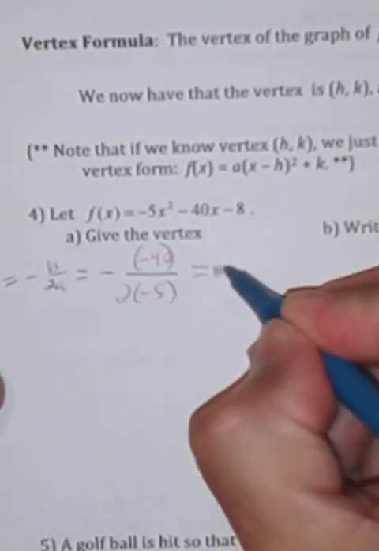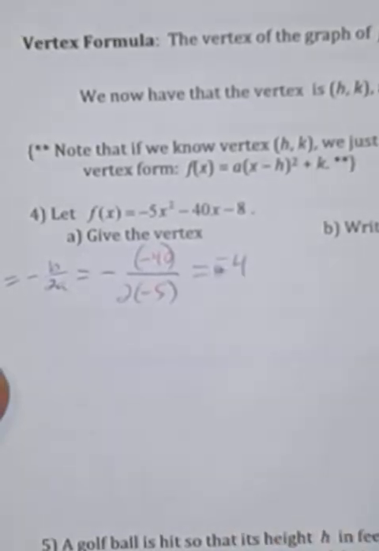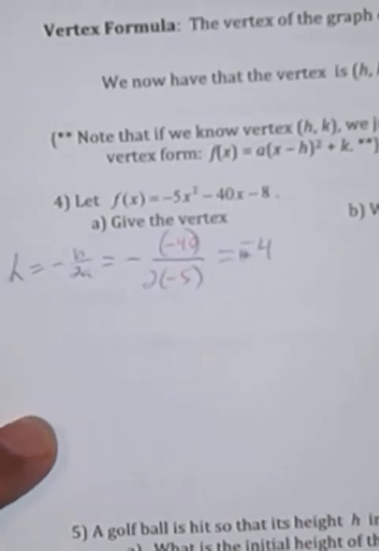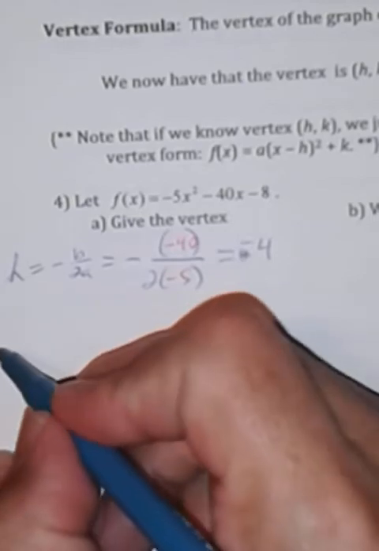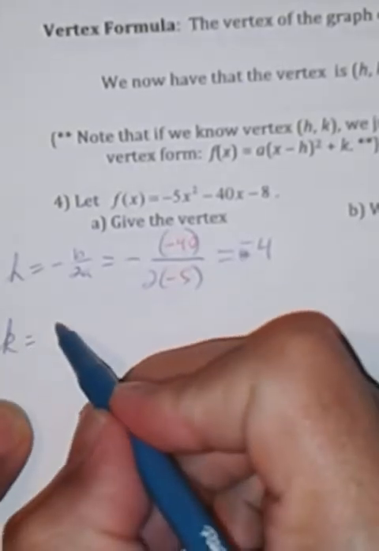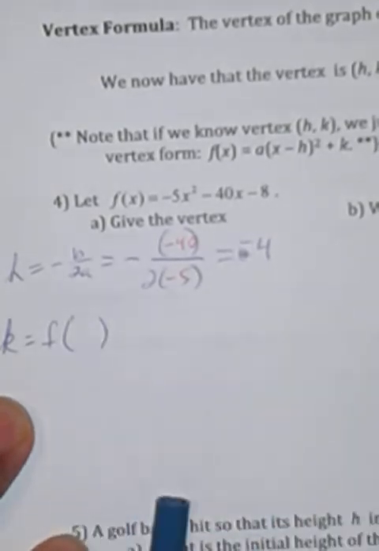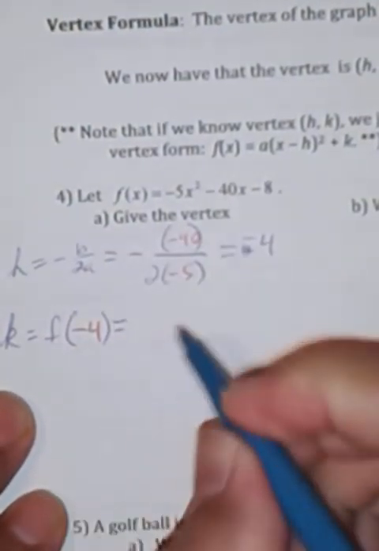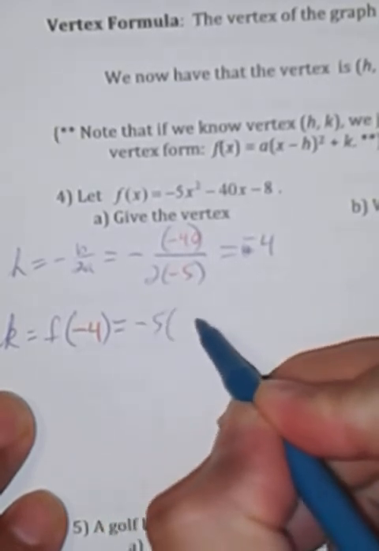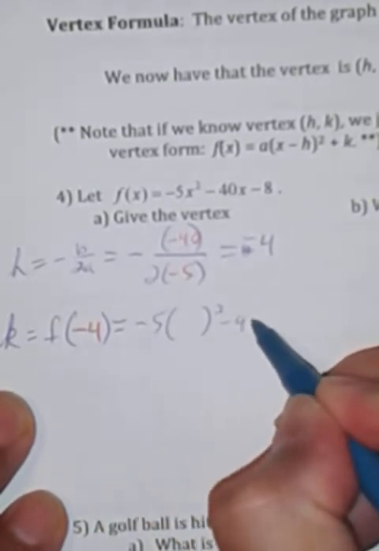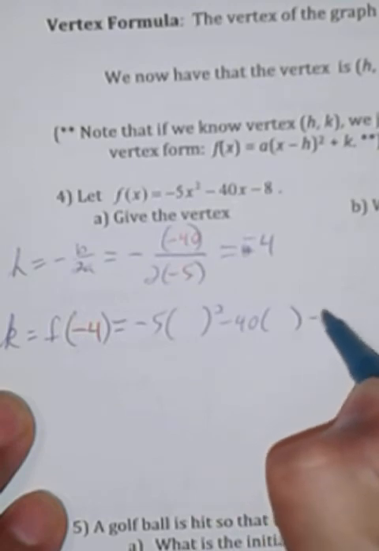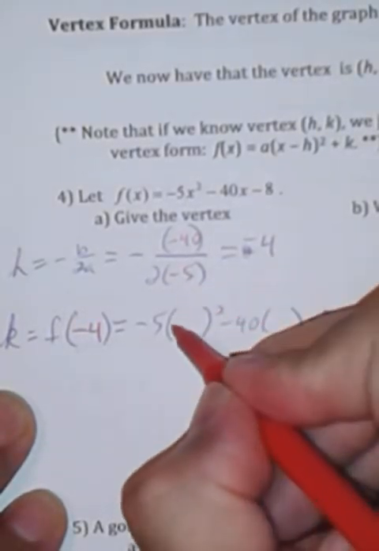Negative 4. Okay. And then k will be f of that. So k is f of negative 4. Let's put it in red so we know, highlighting that x value. Equals negative 5 times negative 4 squared minus 40 times negative 4 minus 8. Plug those in there.